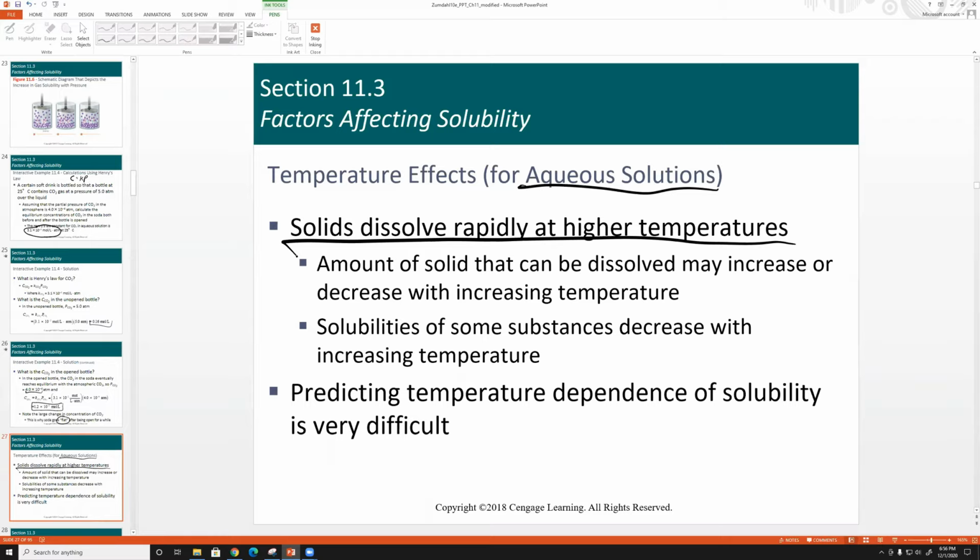And then also the solubility of most substances. It should be most substances decrease. Whoa, wait. That should be increase. Hold on. So that varies. Well, I don't like the statement at all.